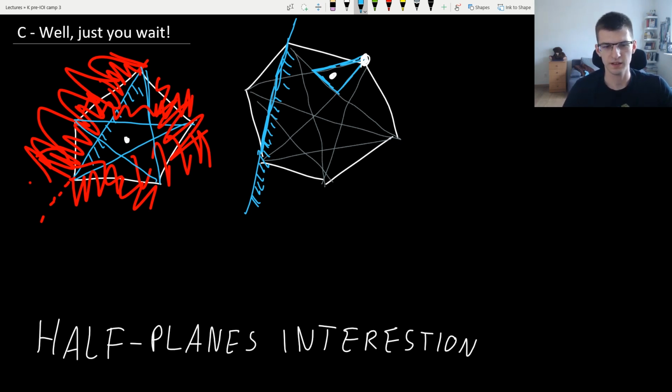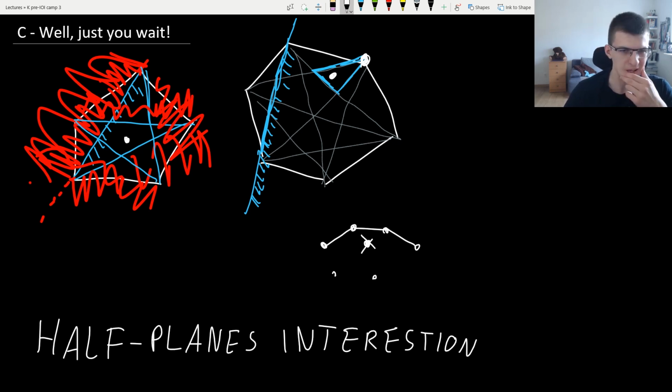And half planes intersection is a bit scary, but it's very similar to convex hull. The idea is that just like for convex hull, you want to say that this point doesn't matter because it is inside the hull and should be skipped. It's similar for half planes intersection.